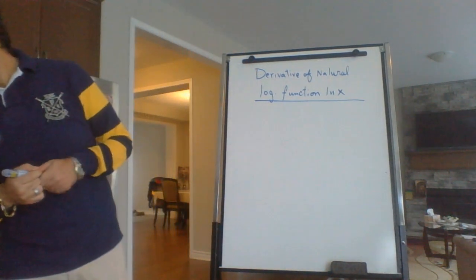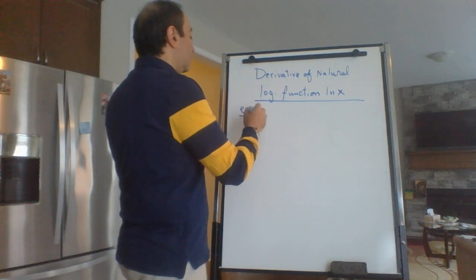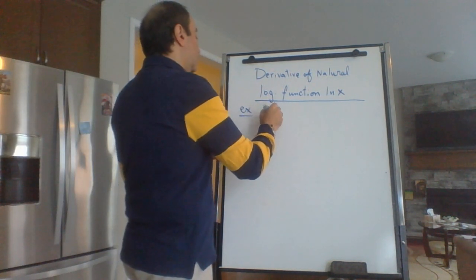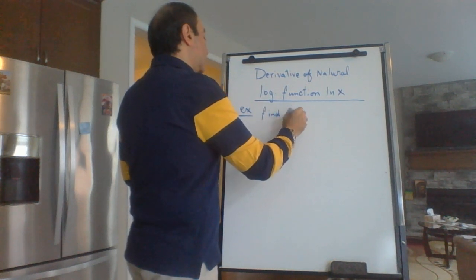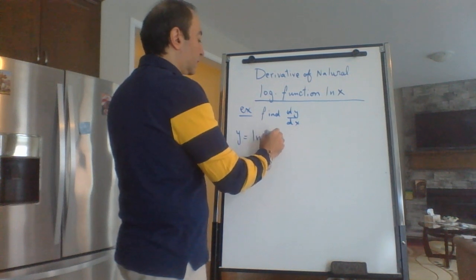So example 1: find dy by dx, y equal ln 5x.